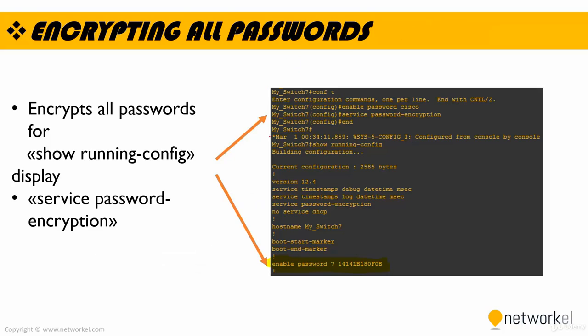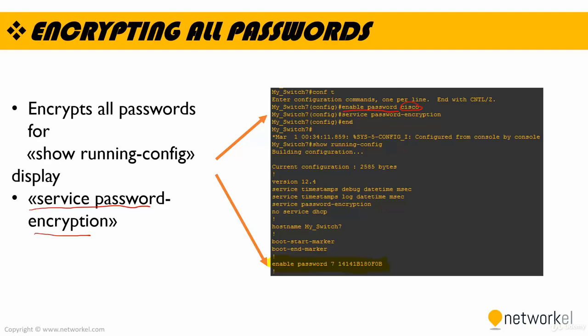And here is another great command that we should always use: the service password encryption command. This command encrypts all passwords for show running config. Even if I use enable password instead of enable secret, as you can see in the example, I'm using an enable password and my password is cisco.